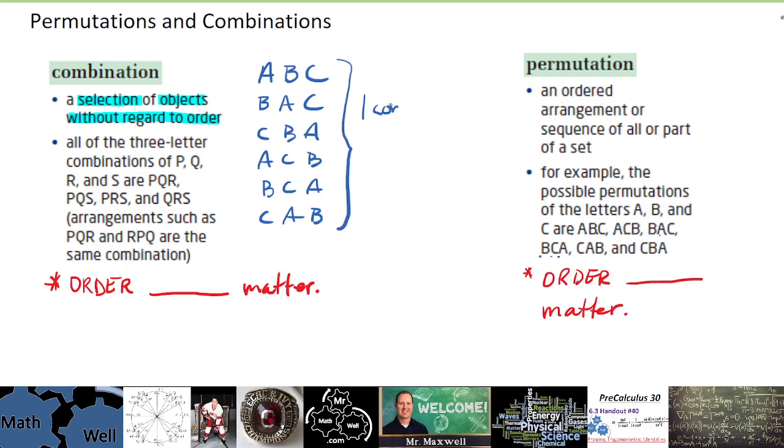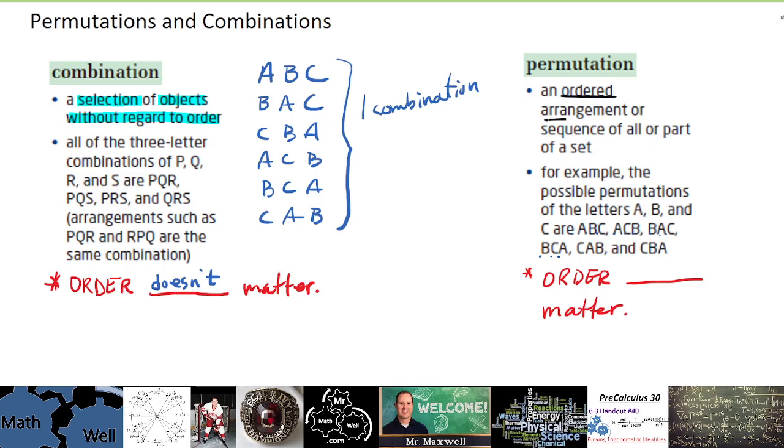You have a combination of three things, A, B, and C. So the order doesn't matter. Now, over here, permutations, in contrast, is an ordered arrangement or sequence.